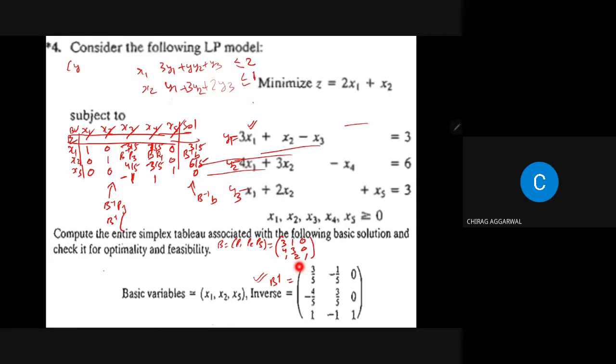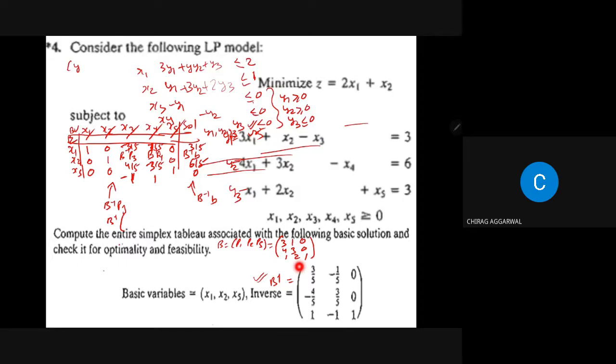Corresponding to x3, minus y1 less than equal to 0, and corresponding to x4, minus y2 less than equal to 0, and corresponding to x5, y3 less than equal to 0, and y1, y2, y3 are urs. So if you combine these, it will give you y1 greater than equal to 0, y2 greater than equal to 0, and y3 less than equal to 0, and we have this constraint.